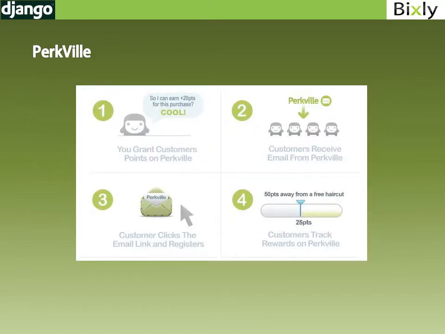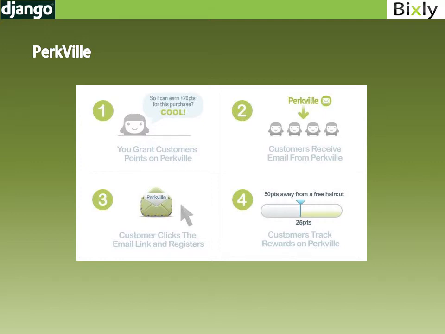Perkville is another client that uses Django exclusively in their web application. They have a system of racking up points between businesses and then rewarding the customers for having those points by allowing them to spend them in various registered companies.